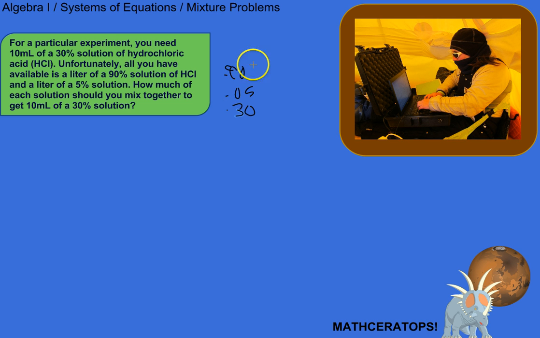All right, so let's name some variables. We've got the 90% solution. I'm going to call that S because that's pretty strong. And then we've got the 5% solution, so I'm going to call that W. That's pretty weak, pretty diluted. We want to mix the strong solution and the weak solution.